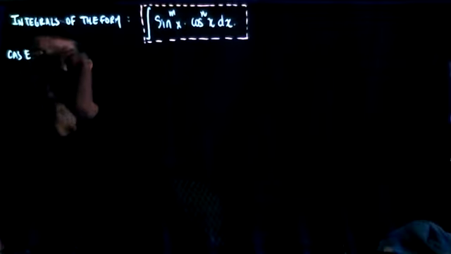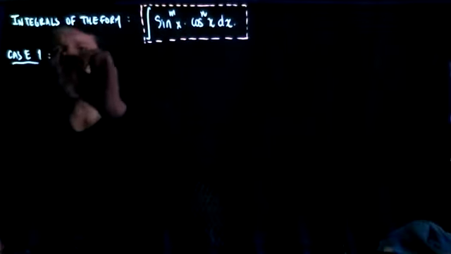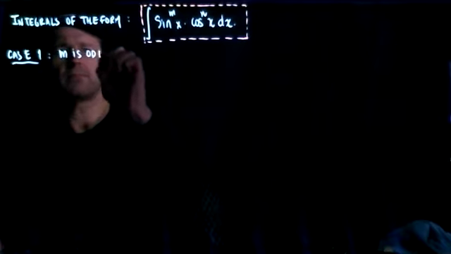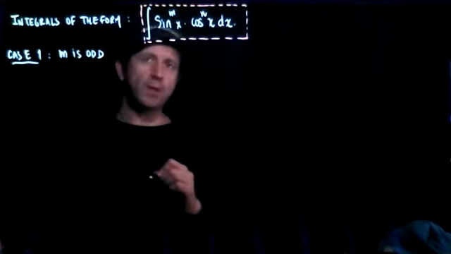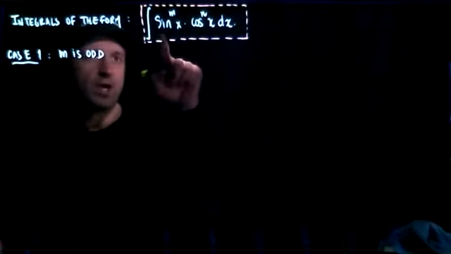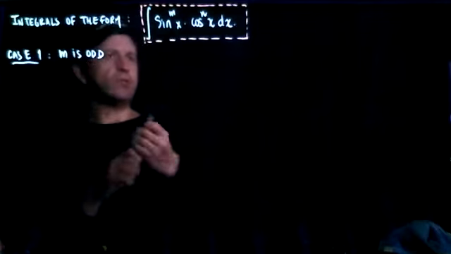So first case is when m is odd. Basically the exponent, the power of the sine, is odd. This is very easy to do.